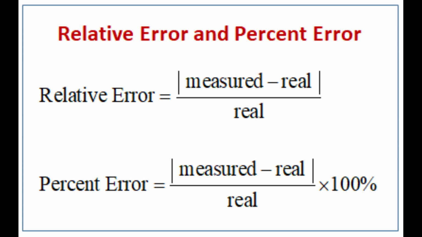Also the denominator must not be equal to 0, so the mod of true value must not be equal to 0. Percentage error is very comparable to this relative error, and we just have to multiply it by 100 to get the percentage error. In many experiments of physics and chemistry, you have done this percentage error before.